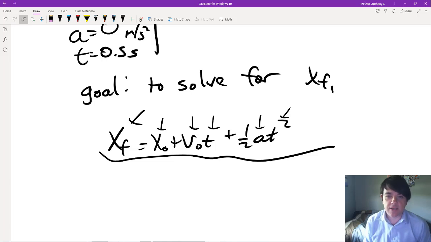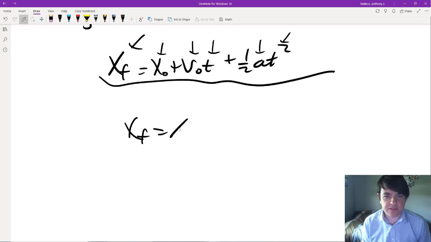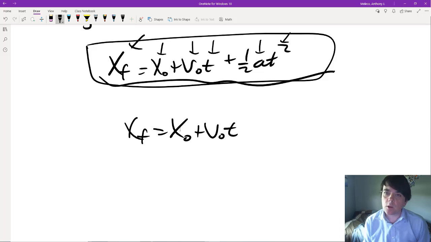Yeah, this guy will work. But let's see, because we often have a choice in physics, let's see if there's an easier equation we can use. Actually, no, wait. This is what we get. Yeah. If we use this equation, a is 0, which means this whole thing will go away, yielding this equation.